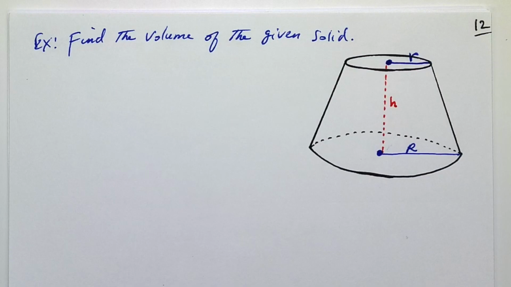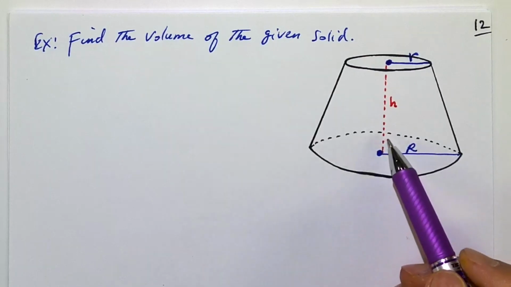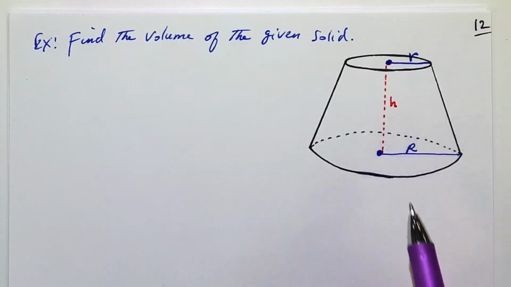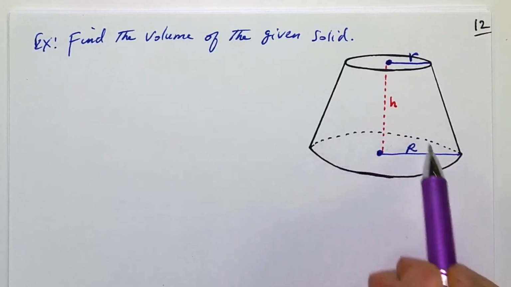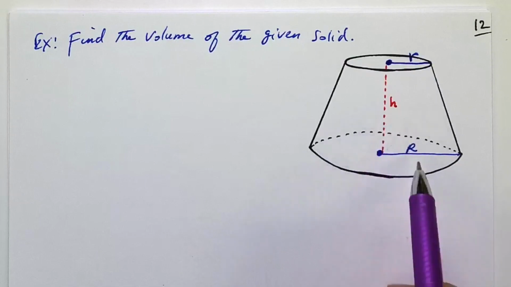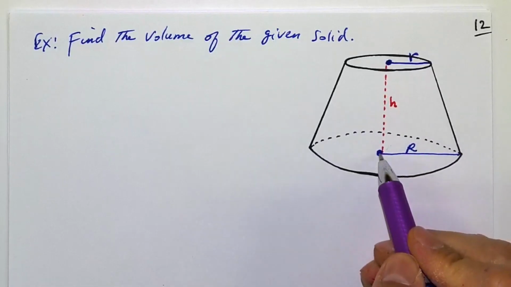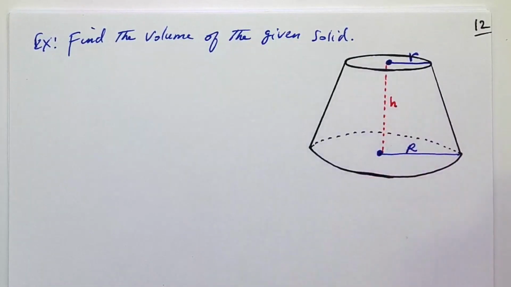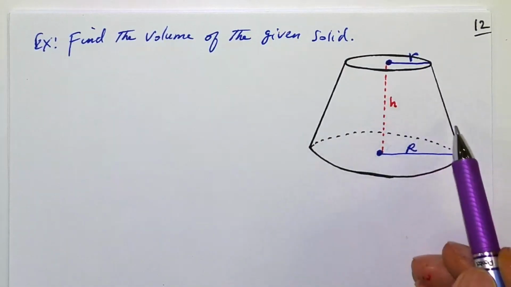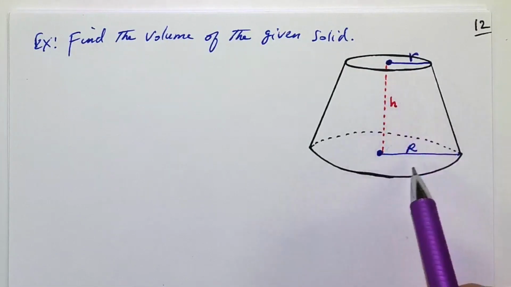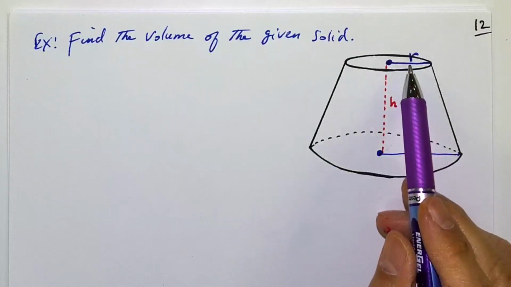To do this, we'll have to use very basic algebra, or elementary geometry, basically. Notice that we can take a disk of a certain thickness to integrate over the height of this object, from 0 here all the way to h here. But for that, we need to know that this distance varies from capital R to lowercase r.